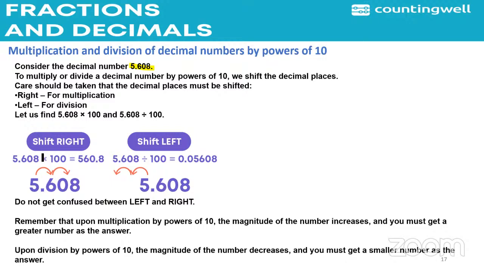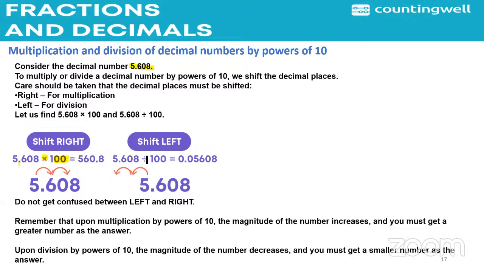Whenever you are doing a product, you have to shift the point to the right side by the number of zeros we have in the multiplicand. So here we have 5.608 multiplied by 100. So we will shift this decimal point to the right side by 2 places.